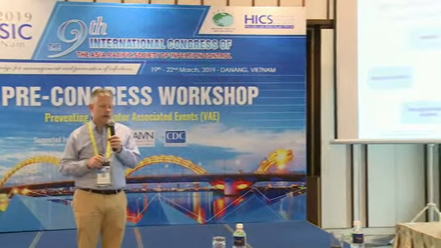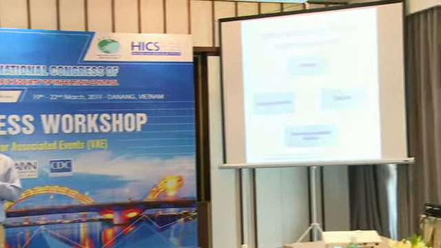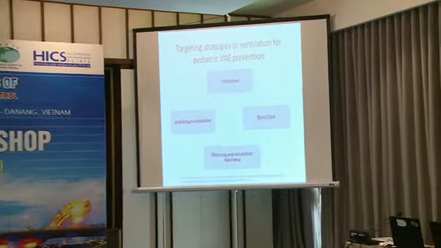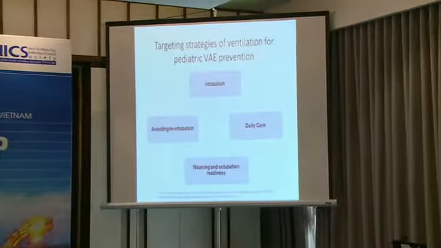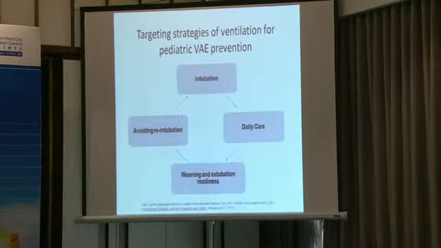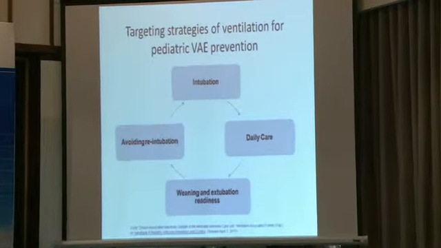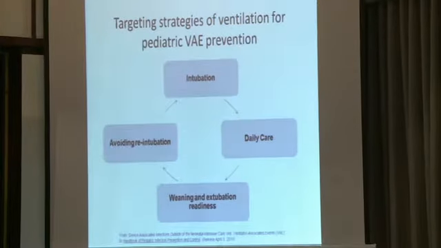Okay, so just like Dr. Park showed you the circle of surveillance, there's also a circle for prevention, okay? So as when we think about VAE and how to prevent it, there's kind of multiple steps. The first step is intubation, like we talked about. If you can avoid intubation, then you'll never get a VAE or a VAP. So that's where you start.